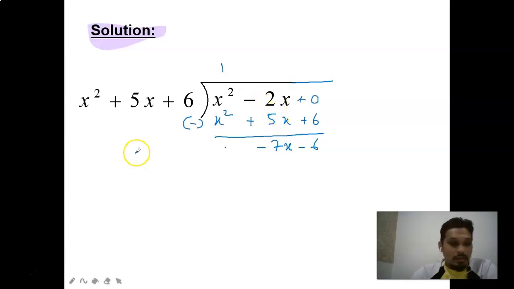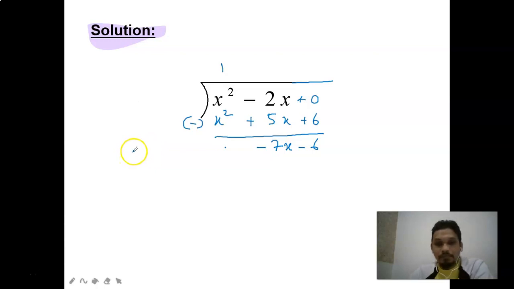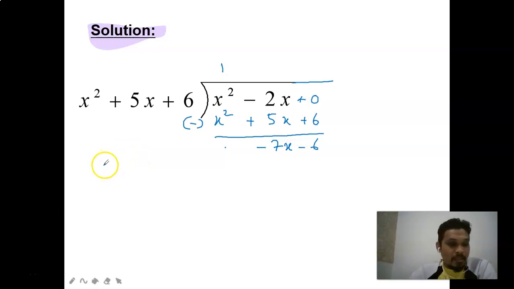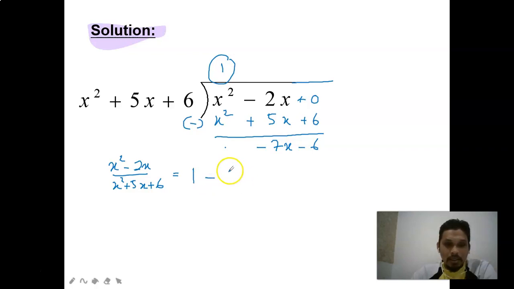So then, what's the equation just now then? x squared minus 2x divided by x squared plus 5x plus 6 equal to 1 here, and minus the whole of 7x plus 6 divided by x squared plus 5x plus 6.